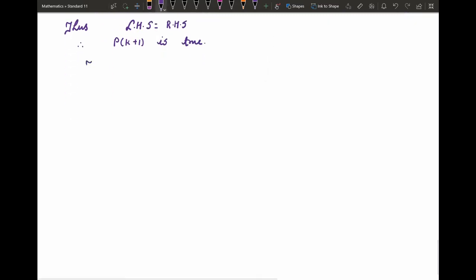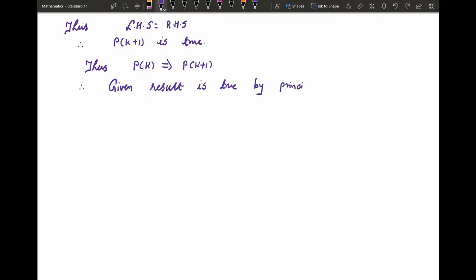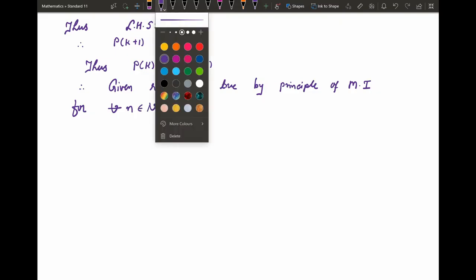Thus P of k implies P of k plus 1, and therefore the given result is true by the principle of mathematical induction for all n belongs to the set of natural numbers, capital N.